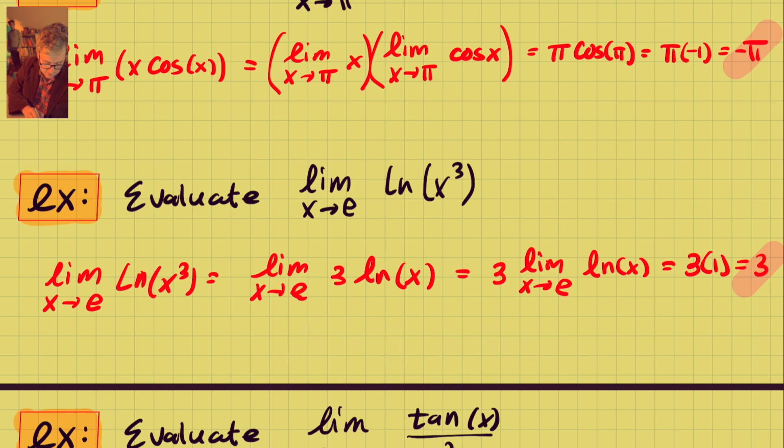So that's what we're doing here. This 3 comes down front, so the limit as x approaches e of ln x cubed is equal to the limit as x approaches e of 3 times the natural log of x. Now, this is just a constant, and we just saw in the previous theorem that we can pull the constant out front. We get 3 times the limit as x approaches e of the natural log of x, and we can plug those values in, 3 and 1, and we get 3.